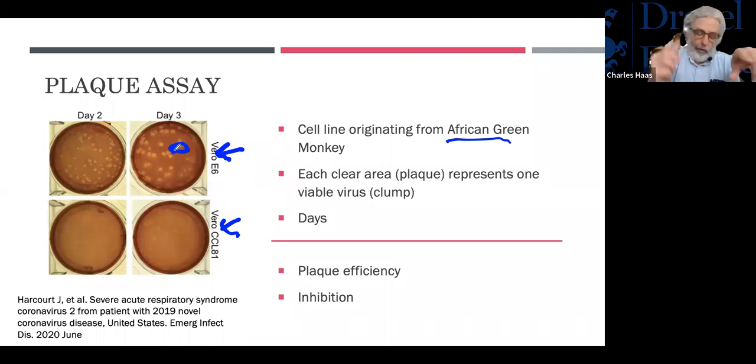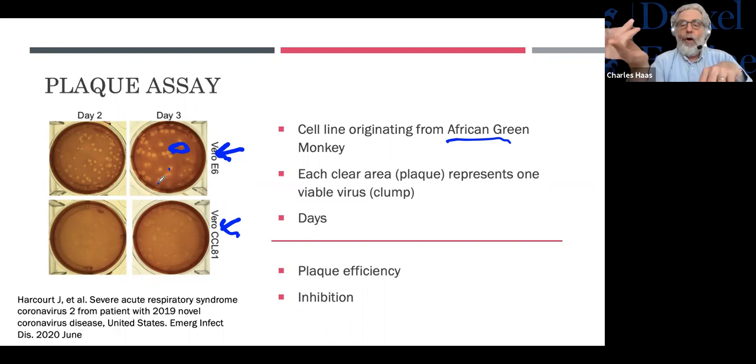So in principle, every single clear dot represents the progeny from one viable virus or perhaps one clump of viruses that went on the plate. And you see if we go from day 2 to day 3, the clear zones get larger and larger.